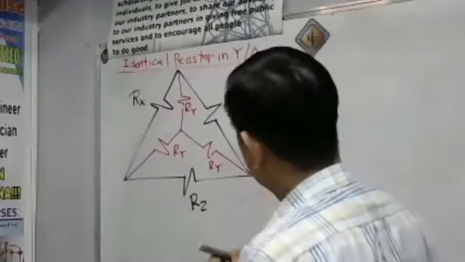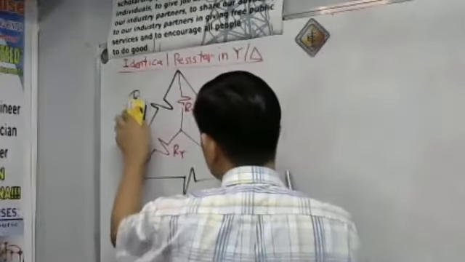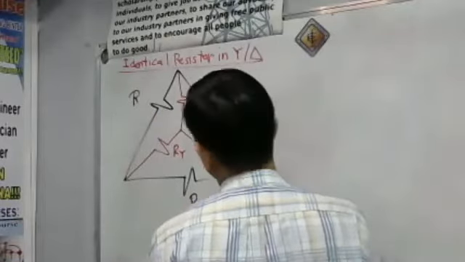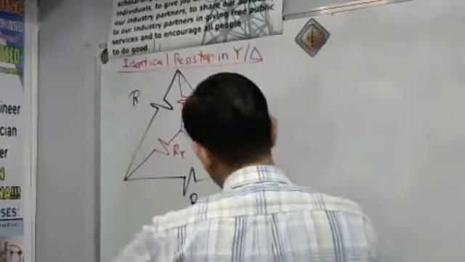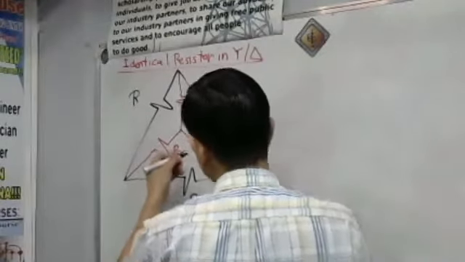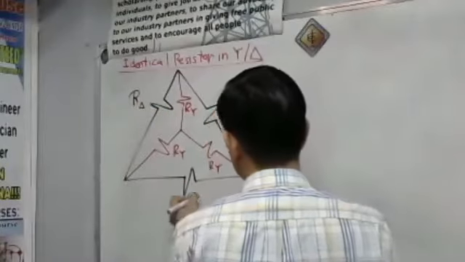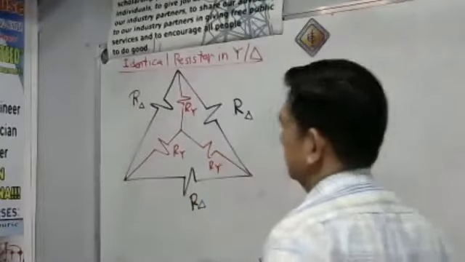Okay? And then, our Rx, our Ry, and our Rz. Okay? Let us make this in R delta: R delta, R delta, and R delta.